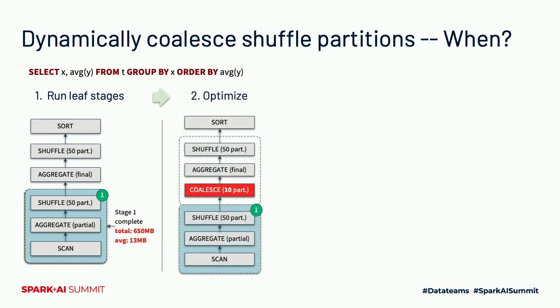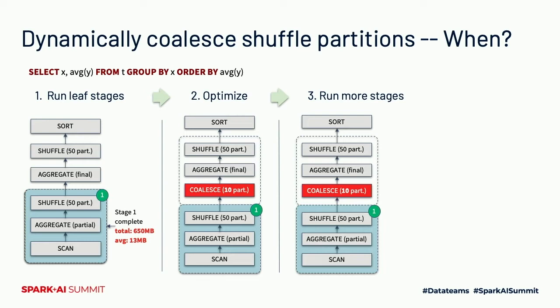So the AQE optimizer figures those partitions can be coalesced to 10 bigger partitions instead. As a result of the first round of AQE optimizations, we can see that the new execution plan now has a coalesce node added on top of the first stage.